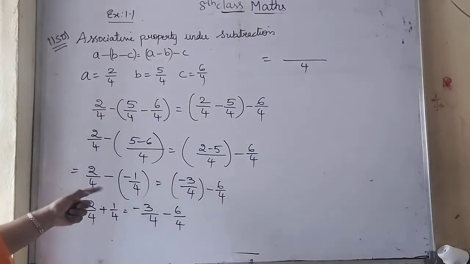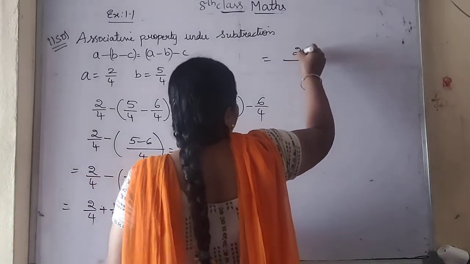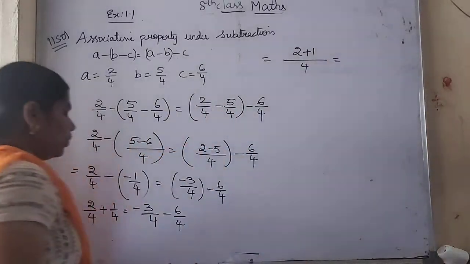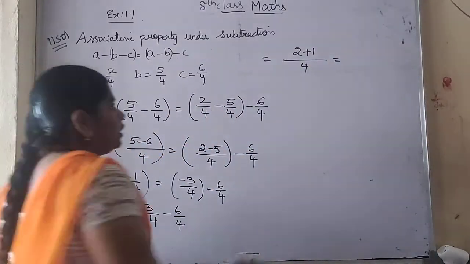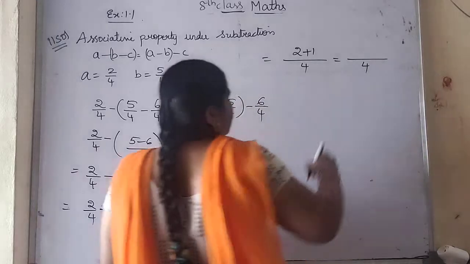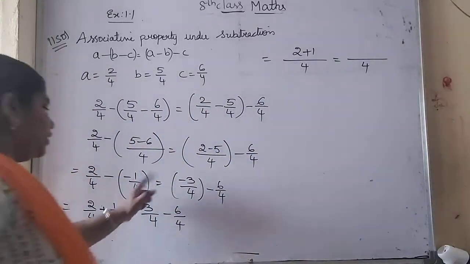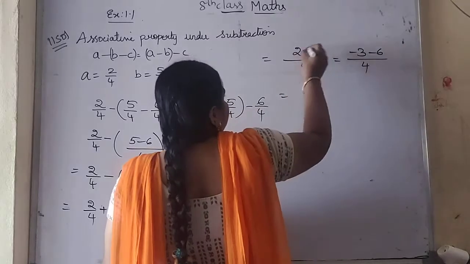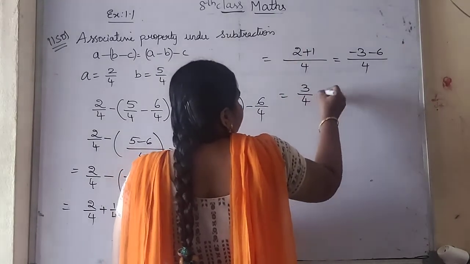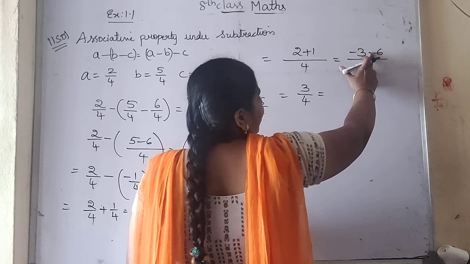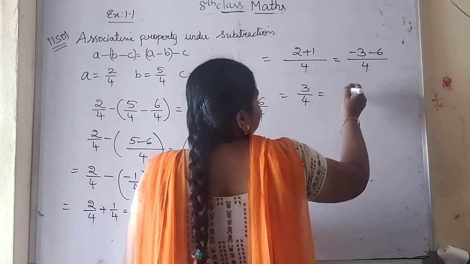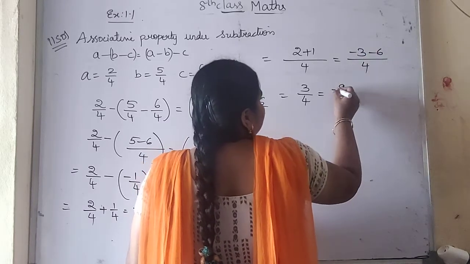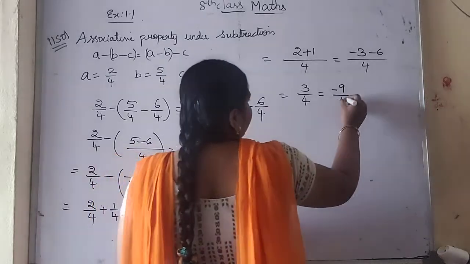Directly we can add the numerator values, that is 2 plus 1 is 3 by 4, equals, here also both the denominators are equal, so the LCM will be 4. Directly you write the numerator values, minus 3 minus 6. Minus into minus will be plus, 6 plus 3 is 9. The bigger number's sign is minus, so minus 9 by 4.